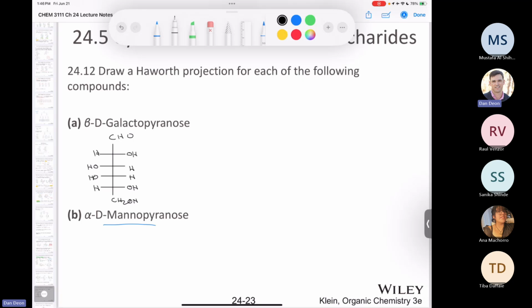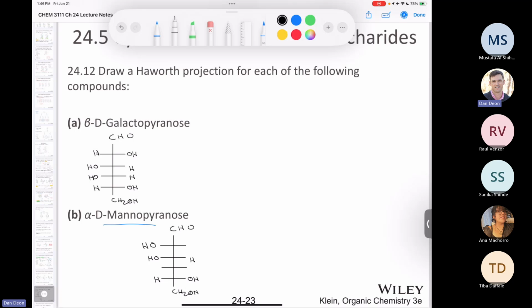And then for mannose, I'm actually just going to copy and paste this. I think it might save a tiny bit of time. So we're going to copy this and we'll paste it here. There we go. And then we'll just alter the structure. So for mannose, I'm going to have to move this and this, and then this one here and this one here. All right, so let's figure it out.